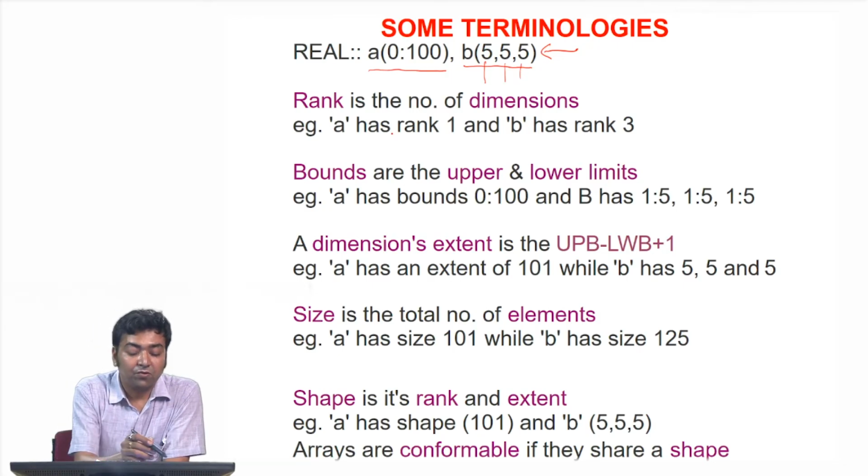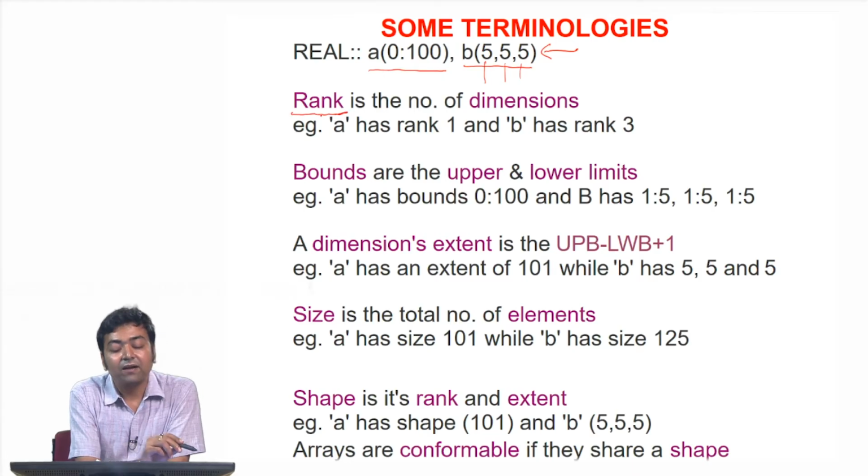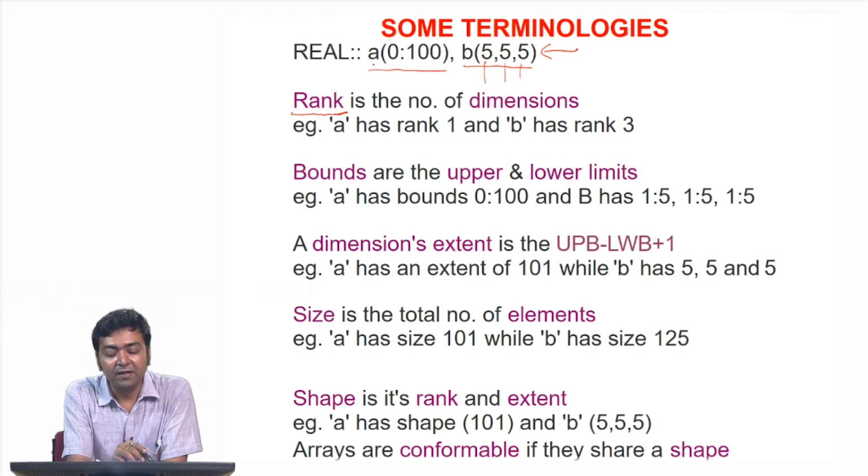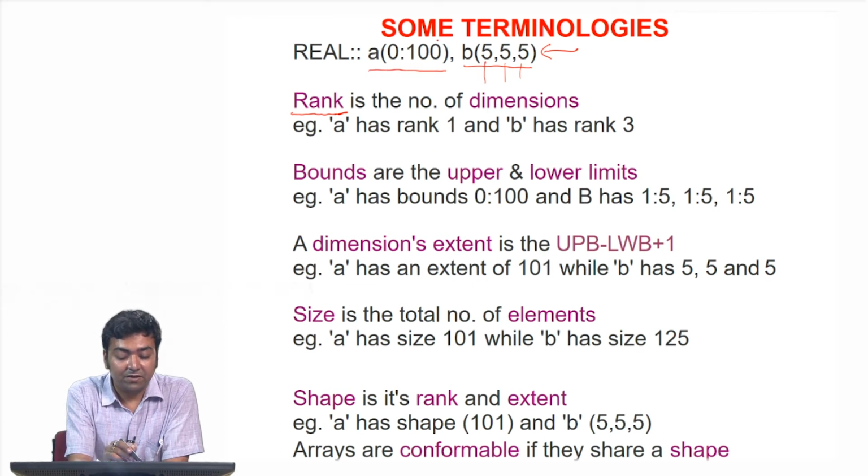One important thing about an array is called the rank of the array, which tells us how many dimensions are present in the array. For example, for case A, the rank will be just 1 because it has just one dimension.